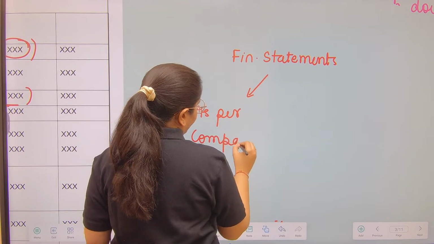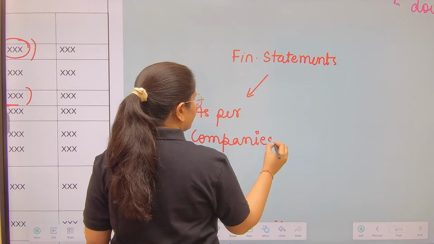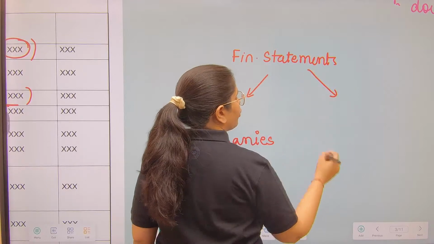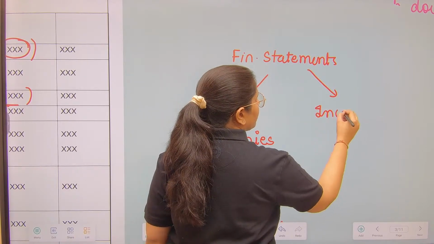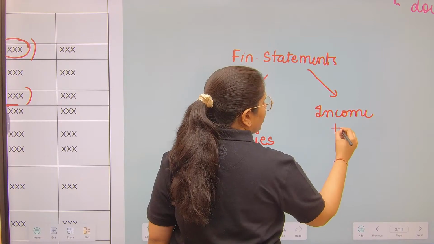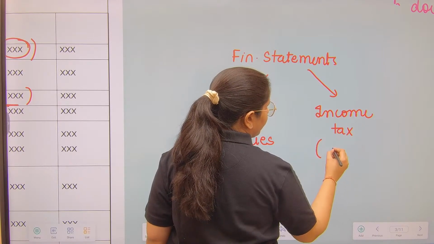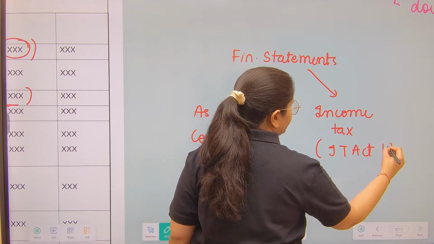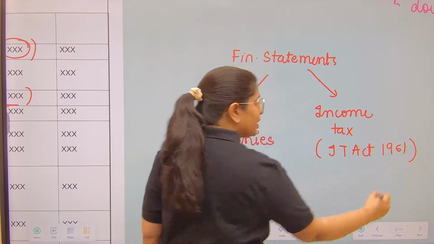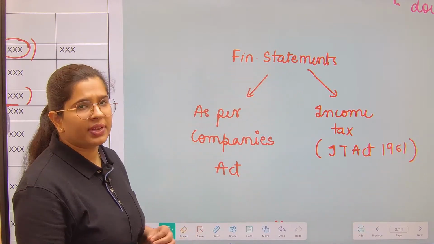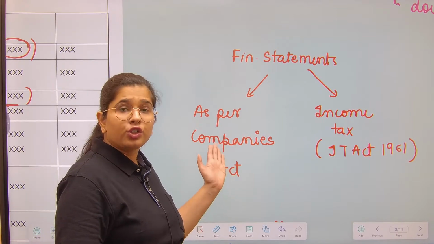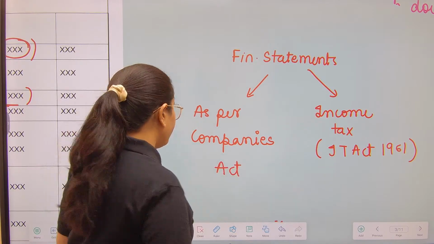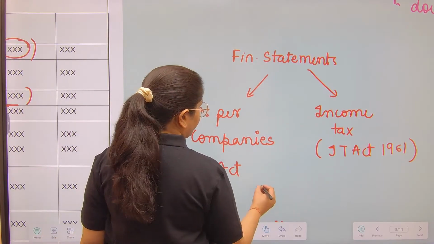But whenever you have to pay income tax, you have to follow the rules and regulations given under the Income Tax Act 1961. There is not much difference, but a few differences occur on account of your preparation and how the Income Tax Act interprets it. For example, one example is your depreciation calculation.